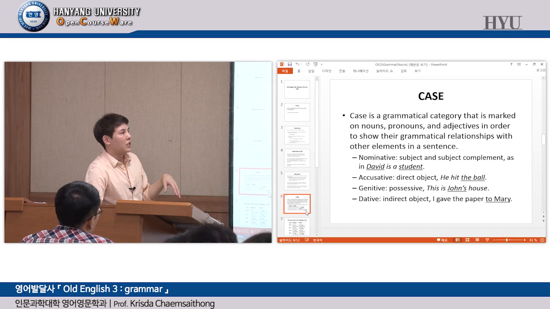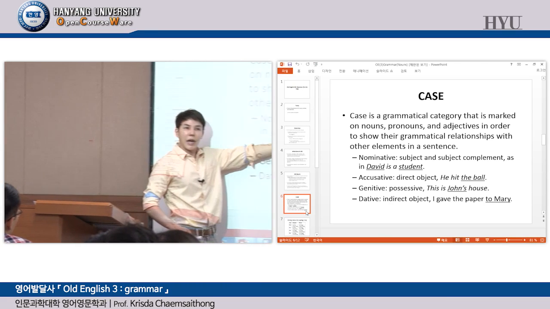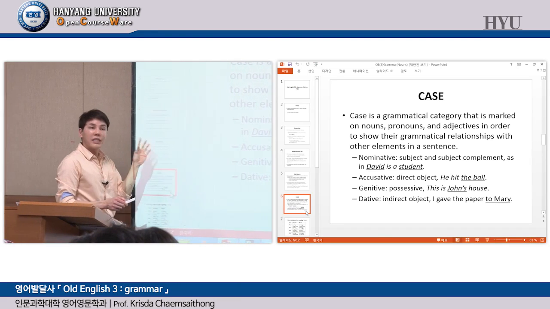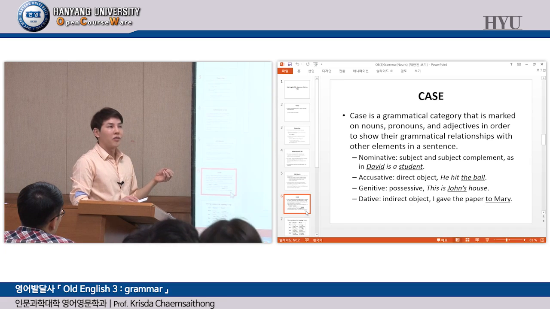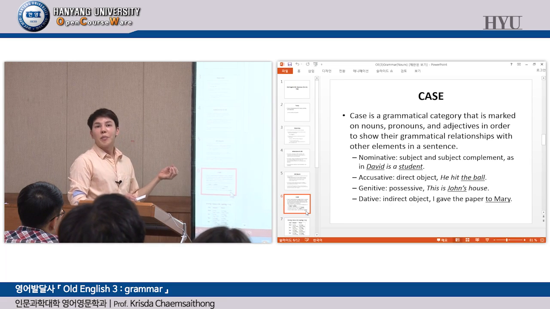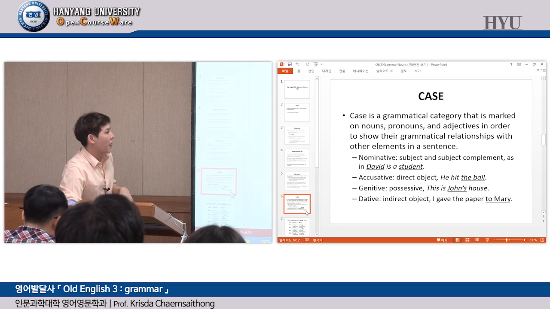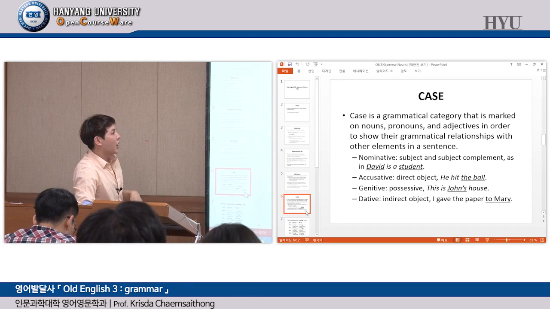And student is also in the nominative case because it's a subject complement. You see the be verb here. So this is easy. You can say David is handsome. The word handsome, an adjective, is the subject complement because it's after a be verb, and it has to be in the nominative case in Old English. Okay, so this is good.